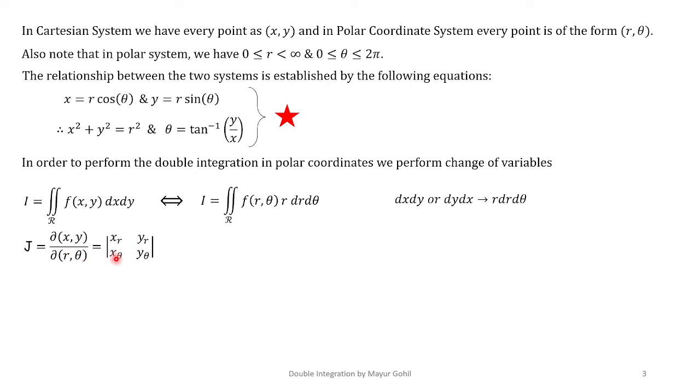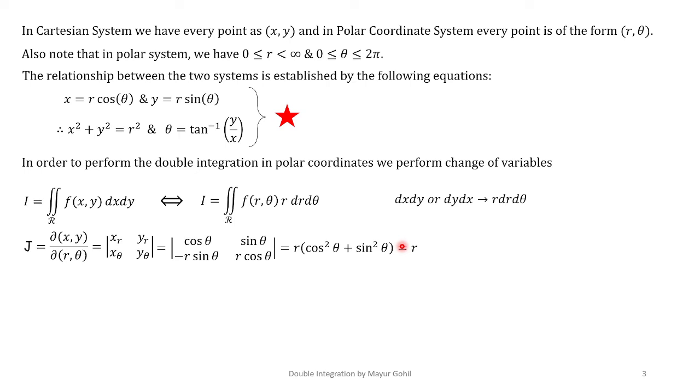In the next row you take x and the partial derivative with respect to theta, and for y you take the partial derivative with respect to theta. How do you get these partial derivatives? You use the relationships over here, x equals r cos theta, y equals r sin theta. Now when you do the partial derivatives, you will get your answer as r.